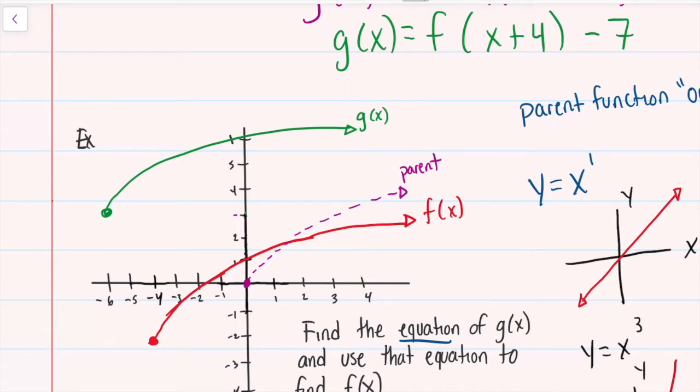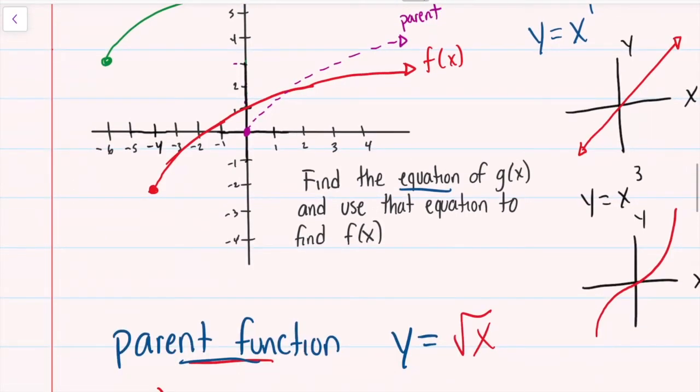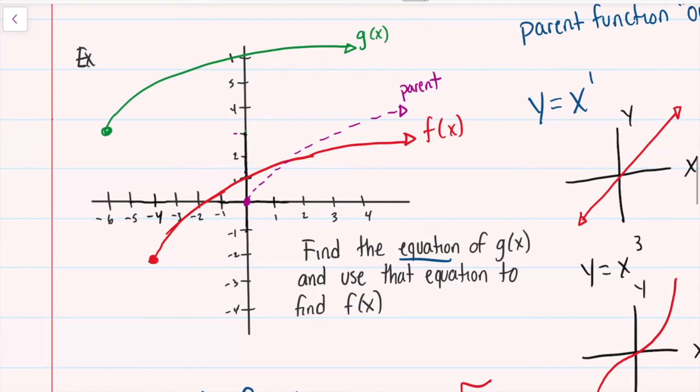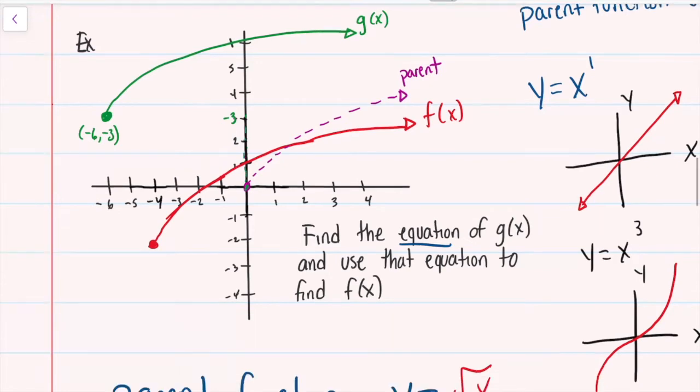Well, let's use this parent function to do the first thing. Let's get to g. G right now is the green graph. And this point, I would say my x is -6, my y is -3. Well, if I'm at 0, 0, what do I have to do to get there? Well, let's figure it out.